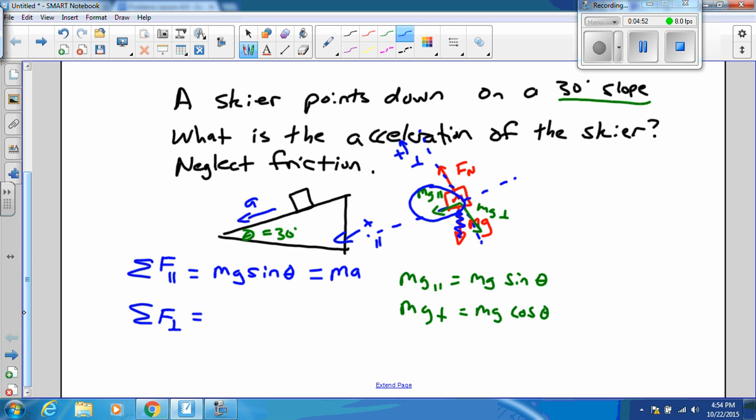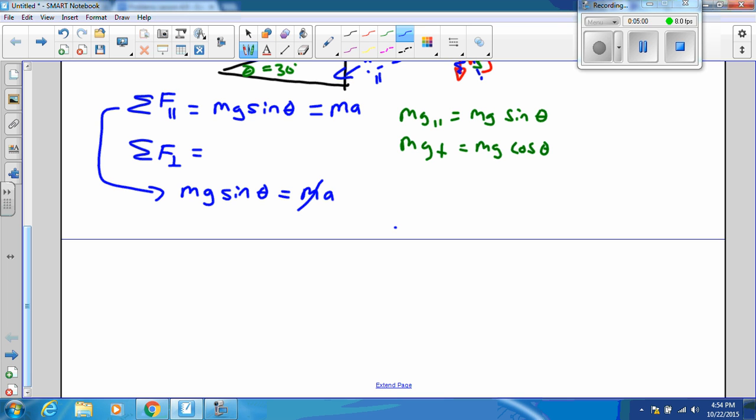And right here, we notice that if I take the equation mg sine theta equals ma and I divide both sides by m, then the masses cancel out. And the acceleration of our skier is going to be g sine theta, no matter how heavy or light the skier is.